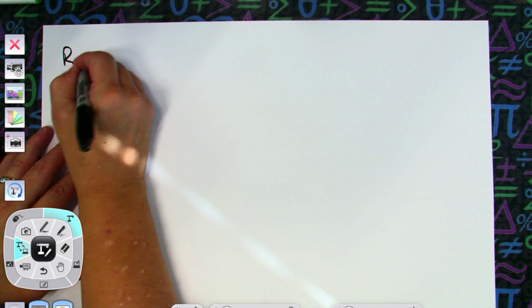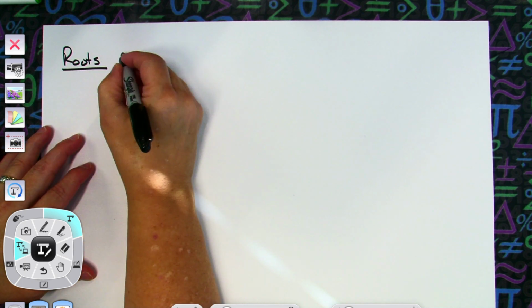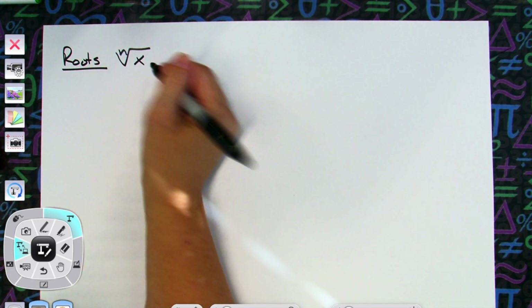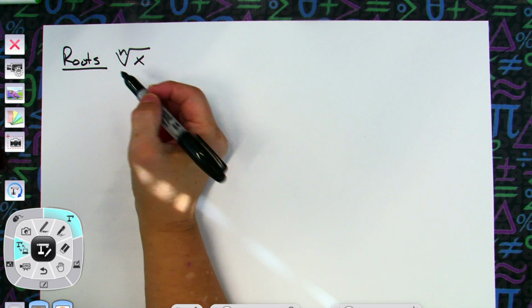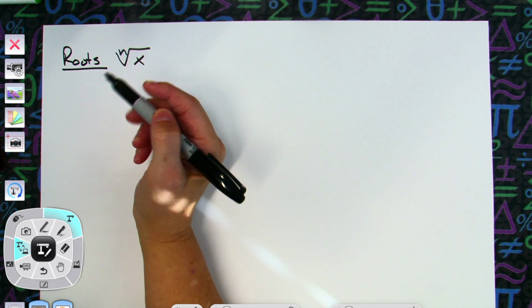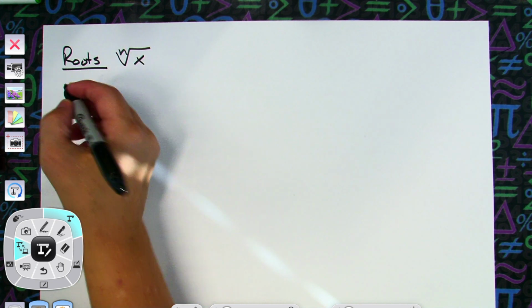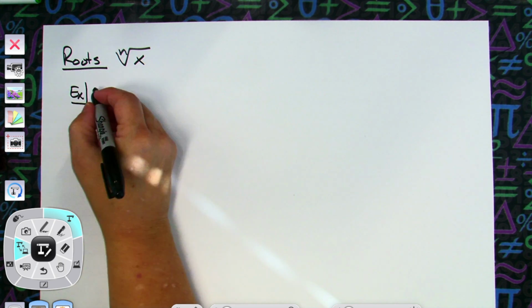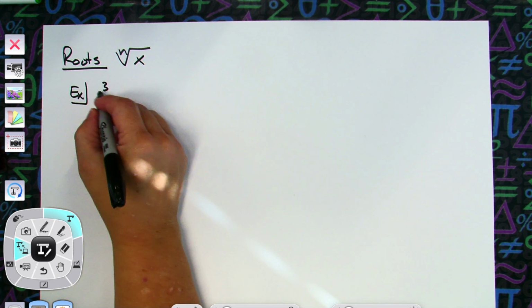All right, so roots of a higher power. So like say the nth root of x. And I could put any number in there. I could do cube root, fourth root, fifth root. All right, I'm going to try not to do too high of numbers for you. But like, and I'm going to pick real little ones here, like cube root of 8.